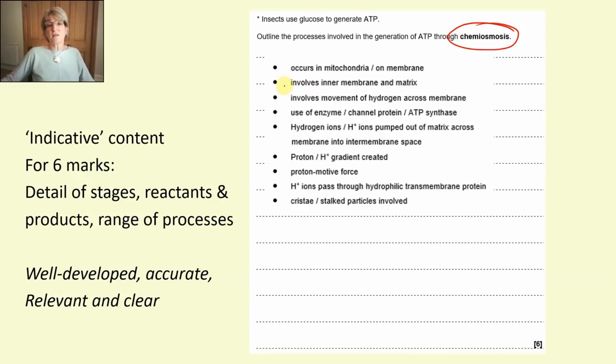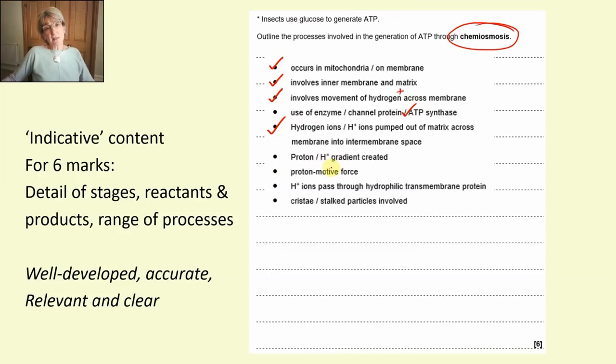So in terms of the indicative content, I talked about it happening on the membrane and the matrix. I would have certainly talked about hydrogen ions going across the membrane and ATP synthase. That I talked about.